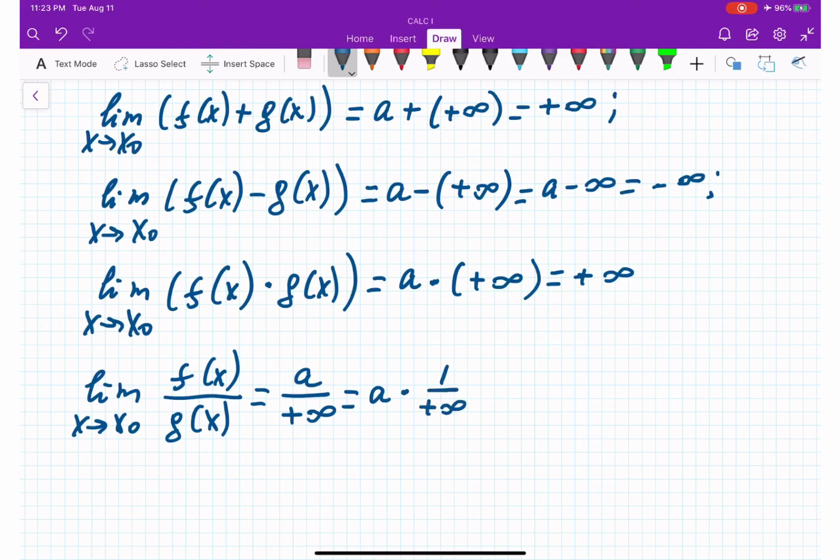We know 1 over infinity is 0. So 1 over positive infinity is going to be plus 0, or 0 approaching from the positive side. It's a one-sided limit I'm using here.